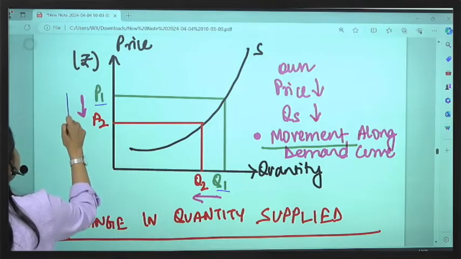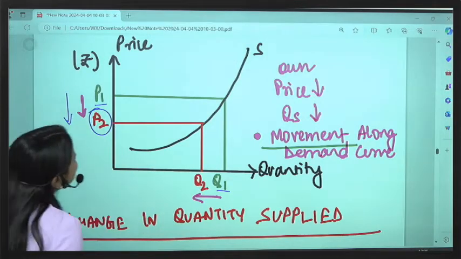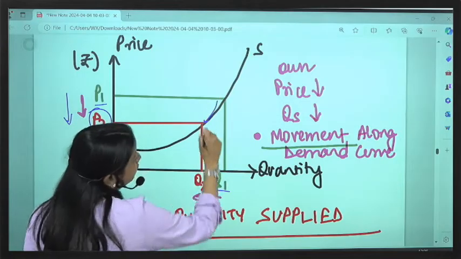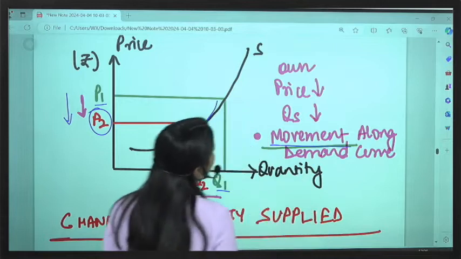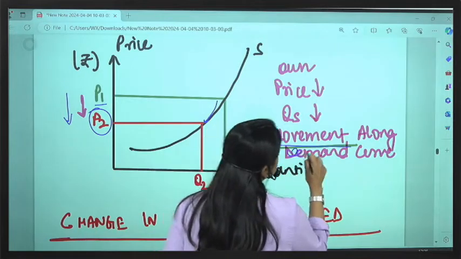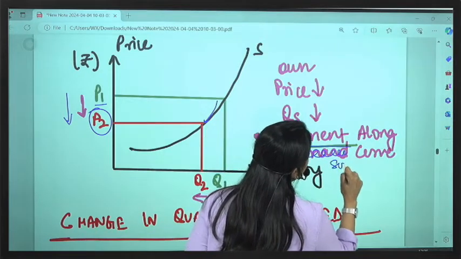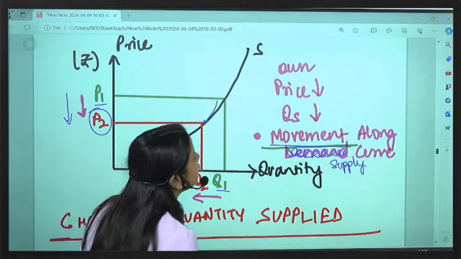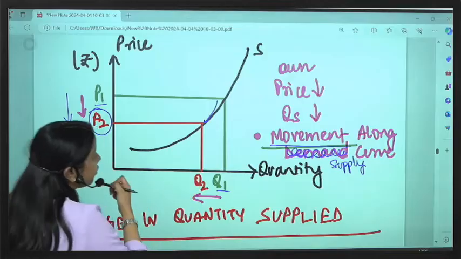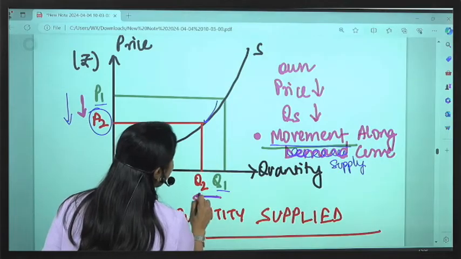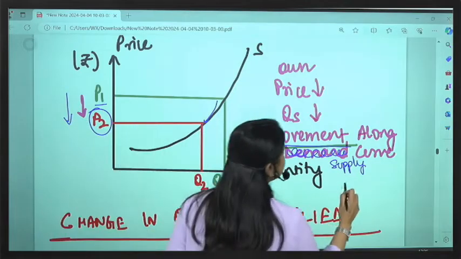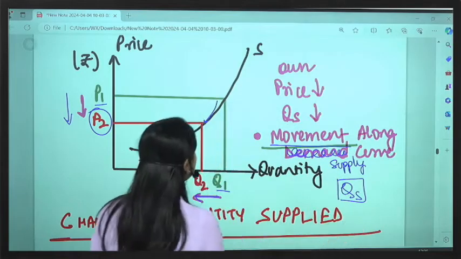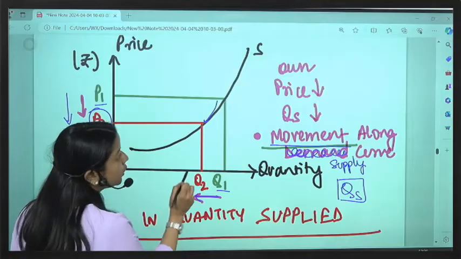If there is a fall in the price from P1 to P2, then there is a movement along the supply curve, and the quantity supplied, QS, decreases.